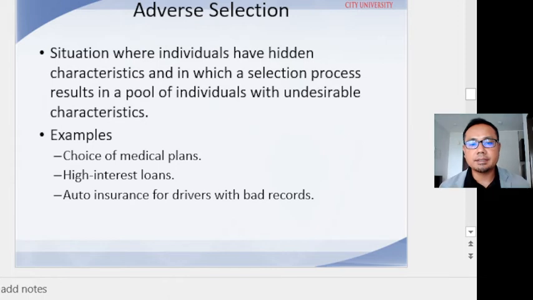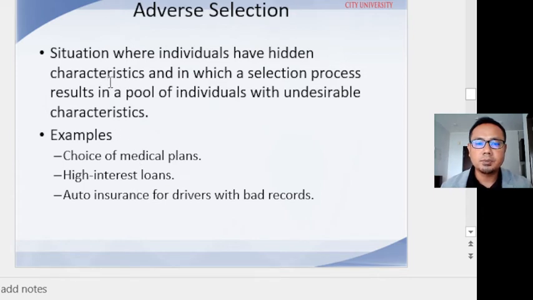So adverse selection refers to a situation where a selection process results in a pool of individuals with economically undesirable characteristics. A simple example highlights the basic issue involved in adverse selection.